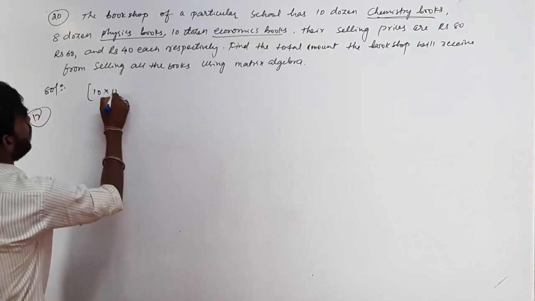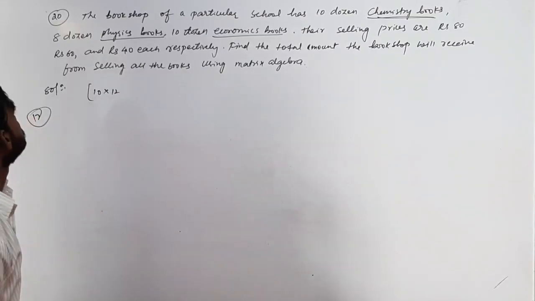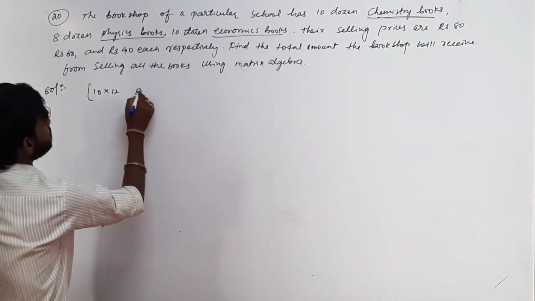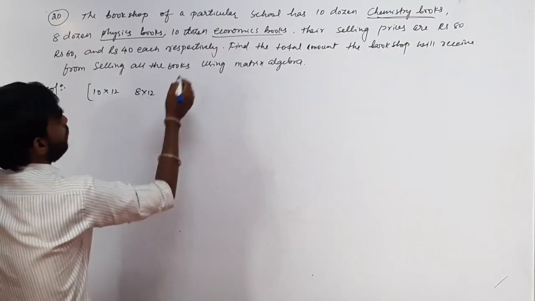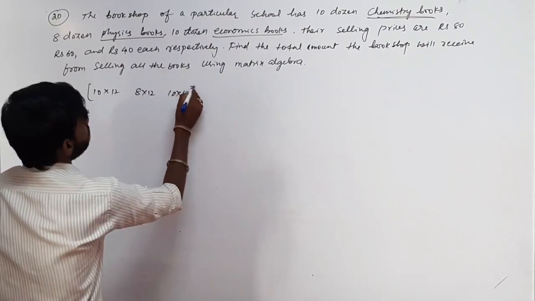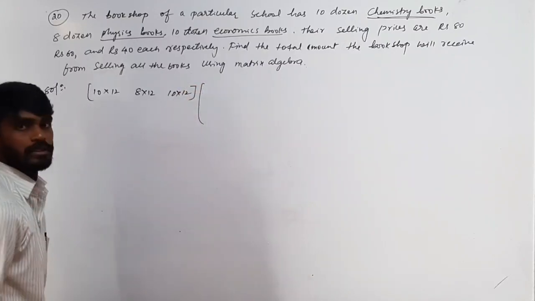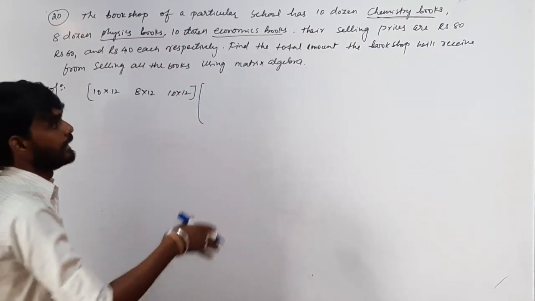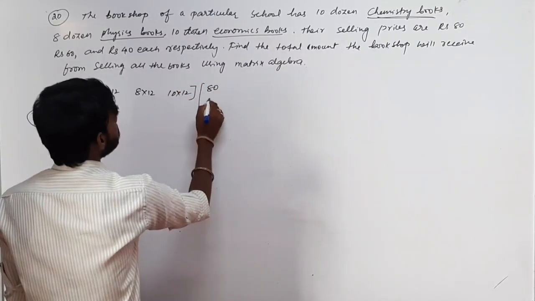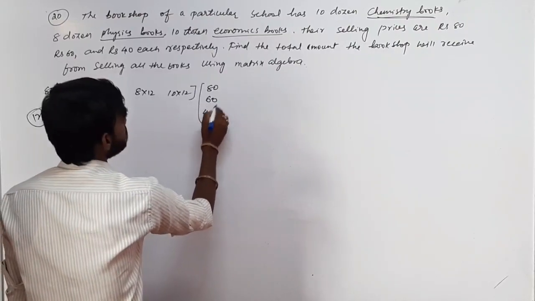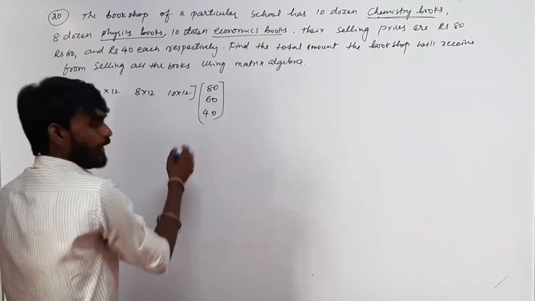So 10 into 12. The second one is physics, 8 dozen into 12, and economics is 10 into 12. The prices are 80, 60 and 40. Why am I taking it like that?